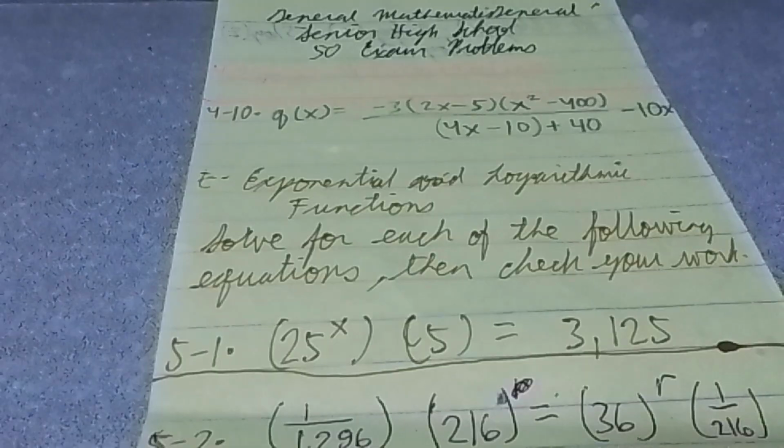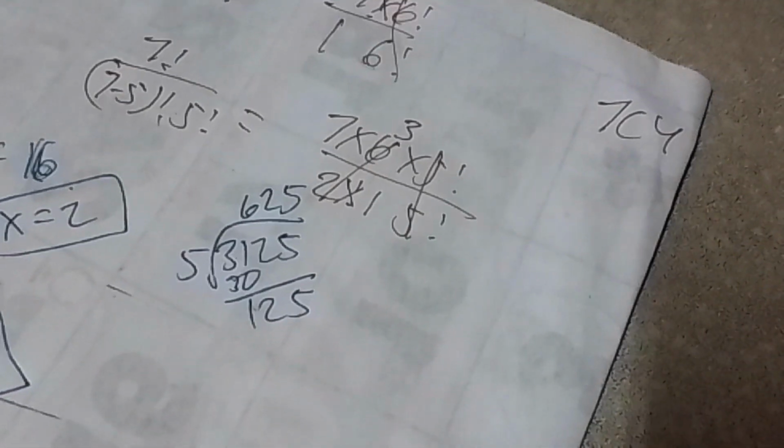Or what you can simply do muna, if you were to apply the algebraic method, is divide 3,125 by 5. Doing that, 3,125 divided by 5 gives 625.